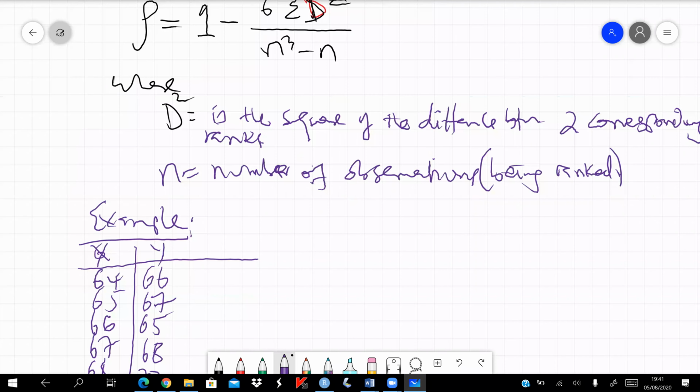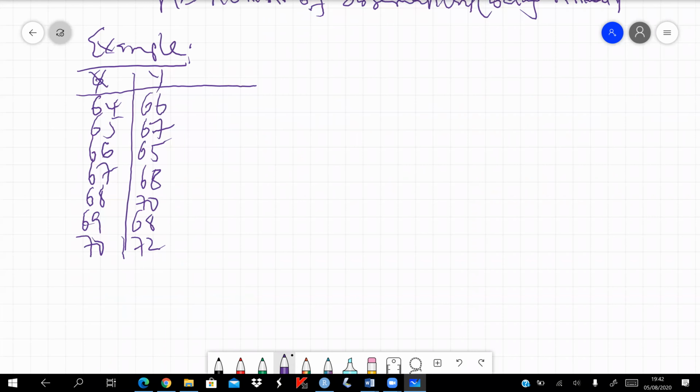So the starting point, assume now these are 7 students, and they have done some exam. The exams are marked by lecturer X and lecturer Y, and they have awarded the marks shown there. You may want to check whether there is consistency or maybe a high correlation in the way that exam is being marked.